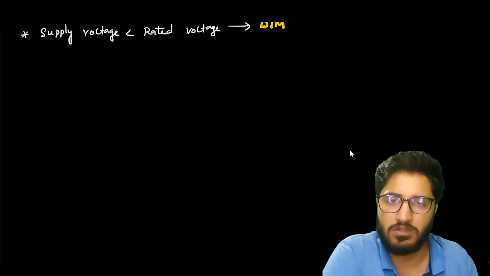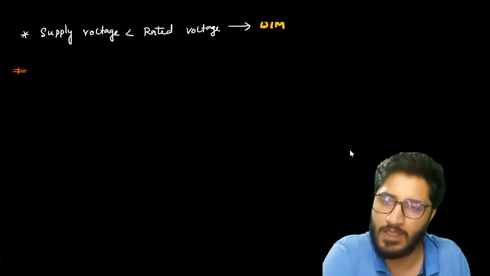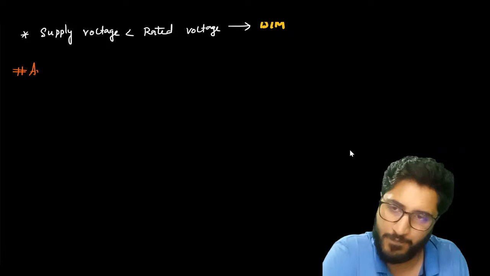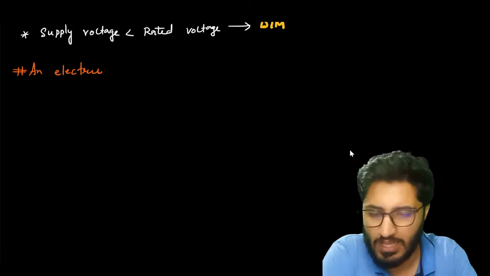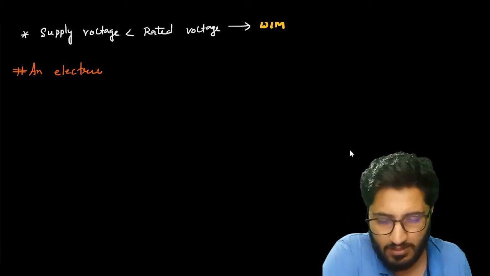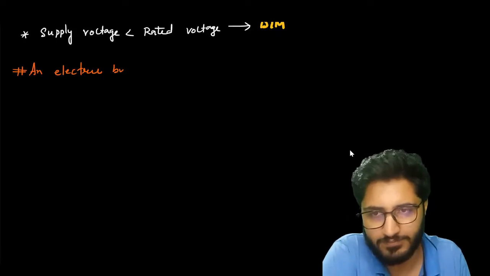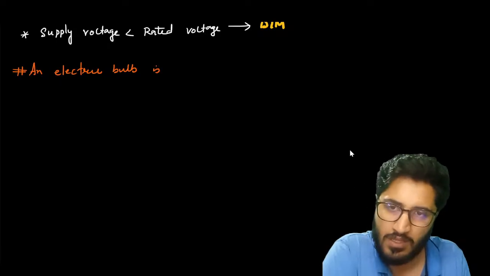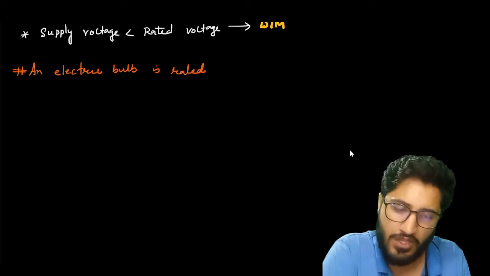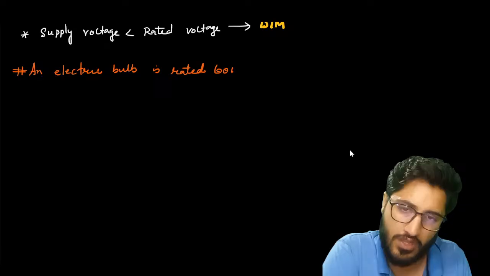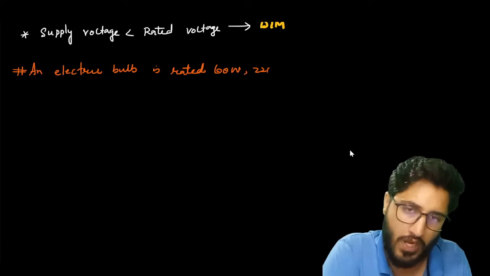One numerical that we have: an electric bulb is rated 60 watt, 220 volt.